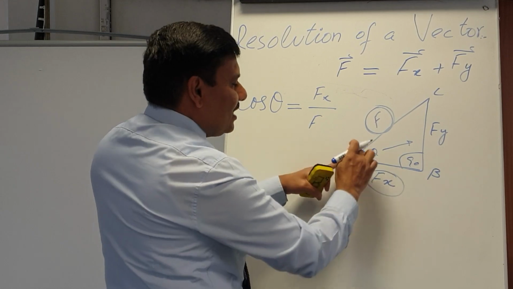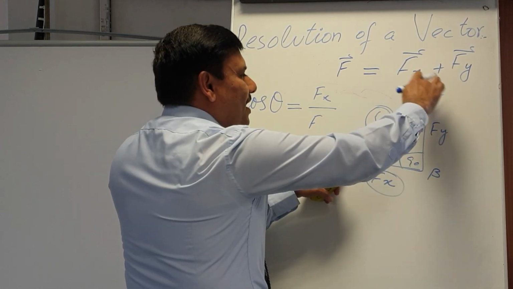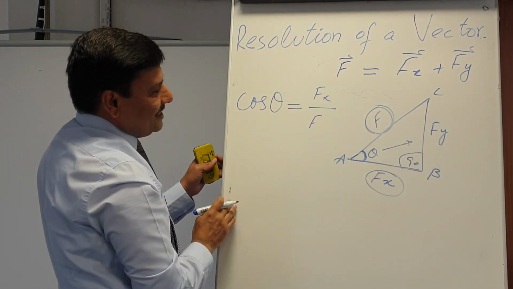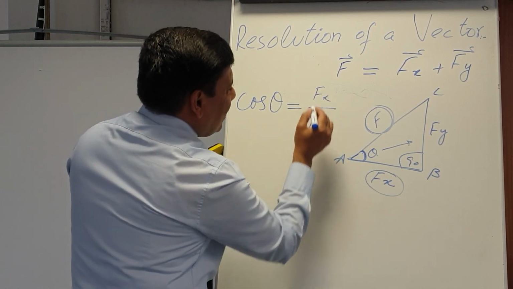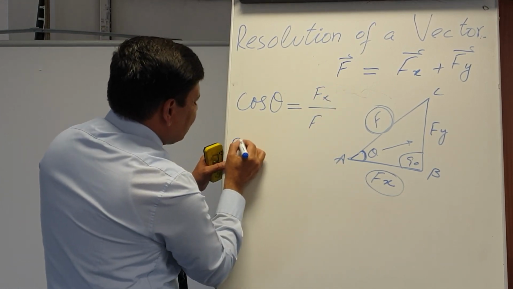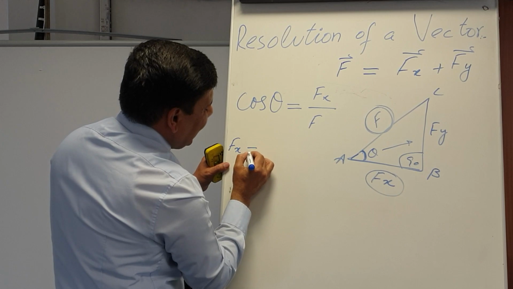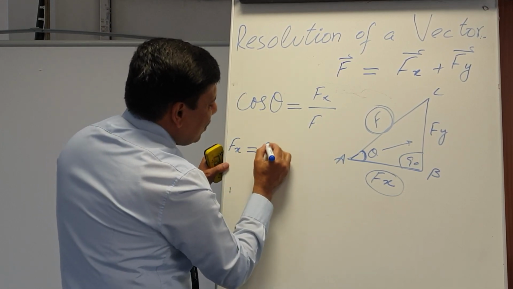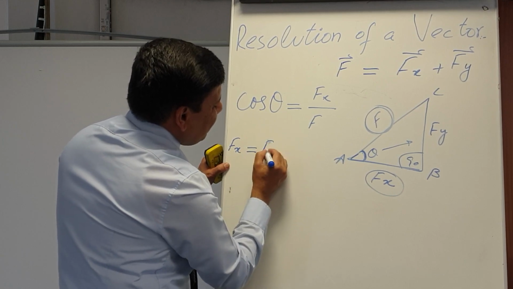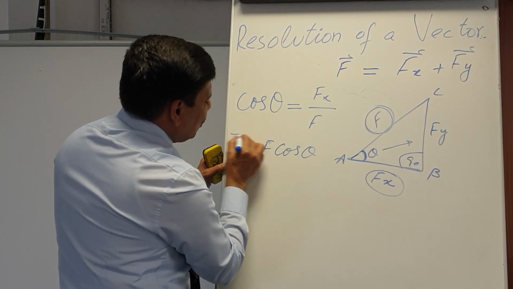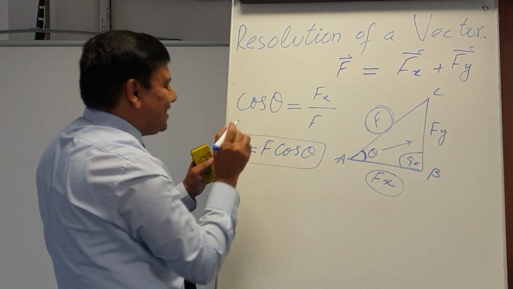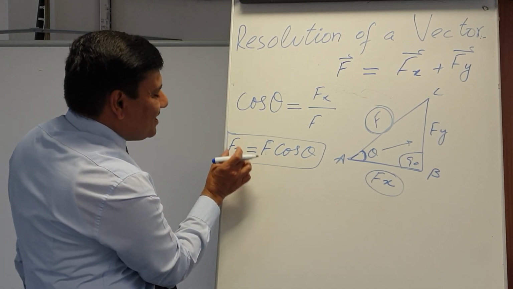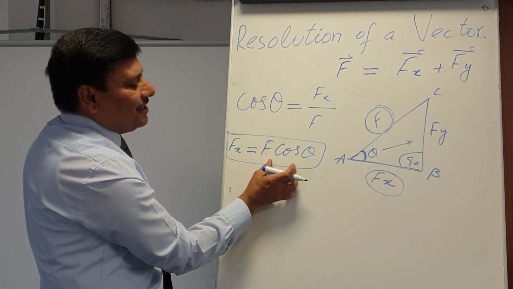The formula is base over hypotenuse. Actually I have to find fx. So how can I find fx? This f will go here, so it will become f cos theta. So the magnitude of fx can be determined with the help of this formula.